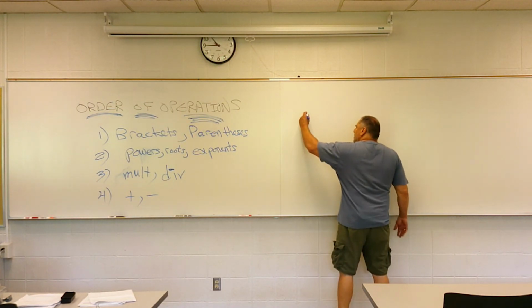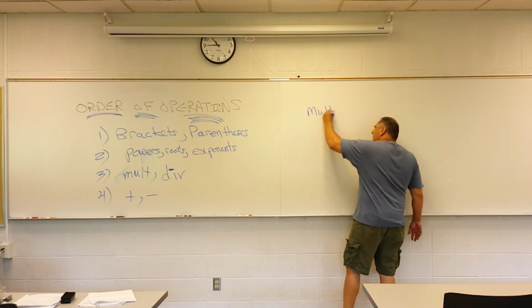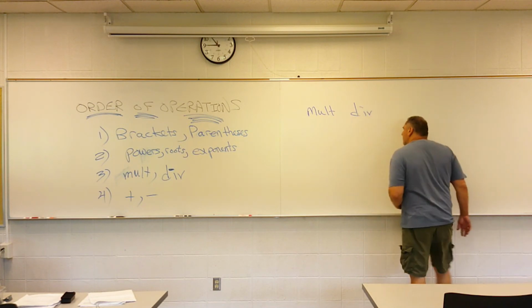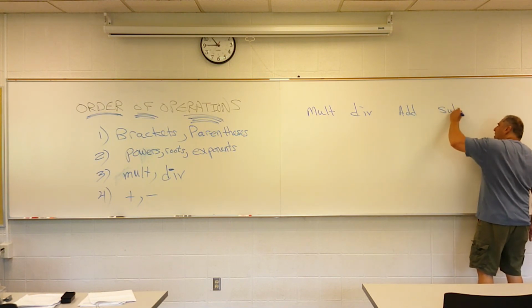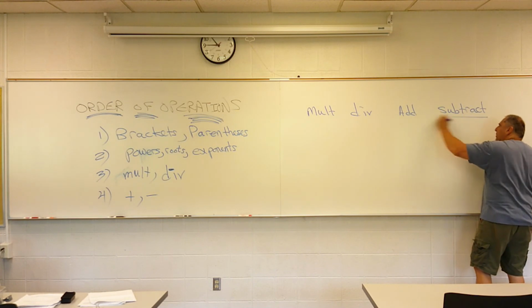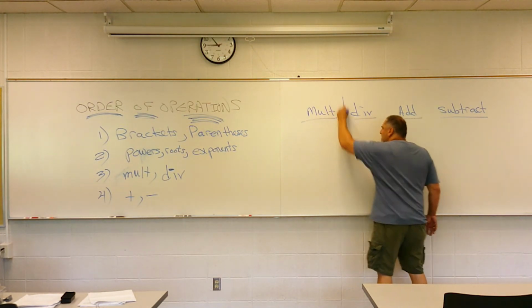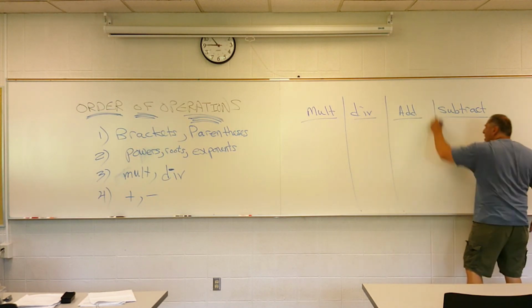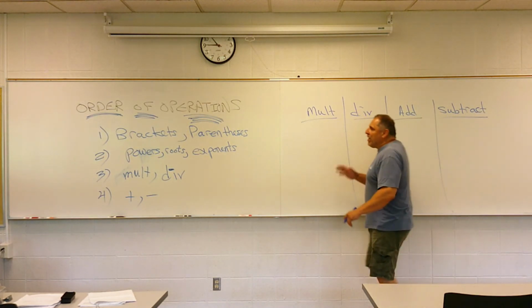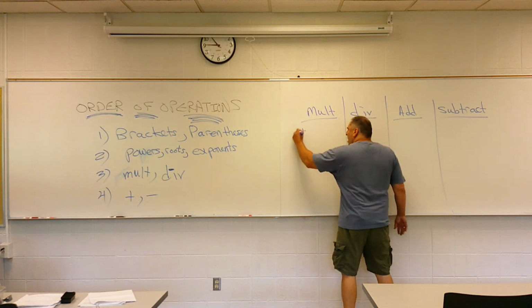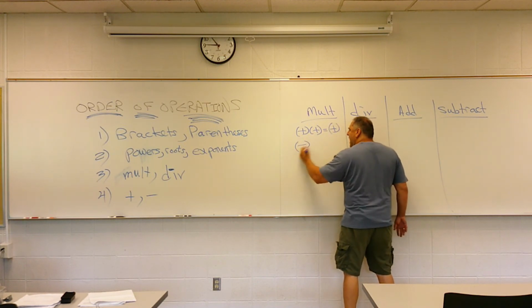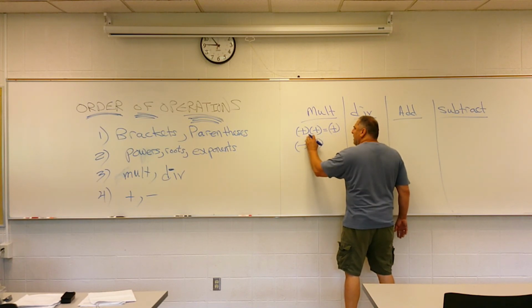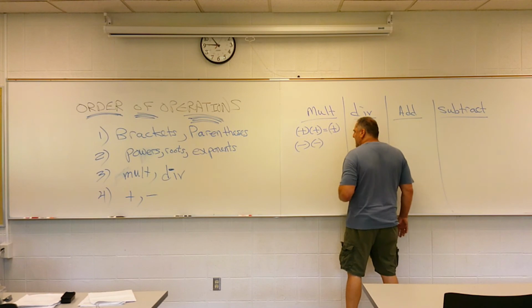Some other do's and don'ts for order of operations, guys. If they're talking about multiplication, division, addition, subtraction, for any real numbers in the universe of real numbers, if you multiply any two positive real numbers, you get a positive answer.